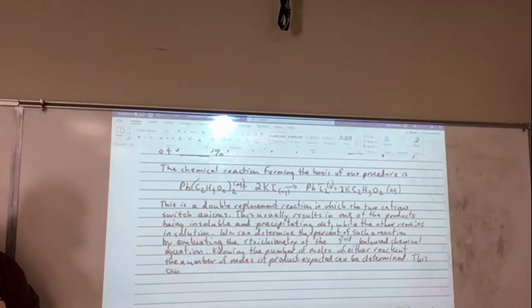This can then be used to find the number of grams expected.